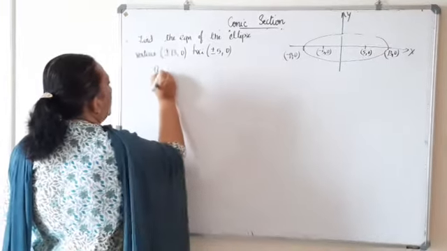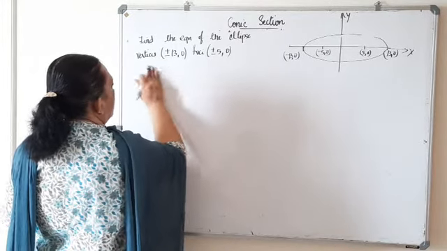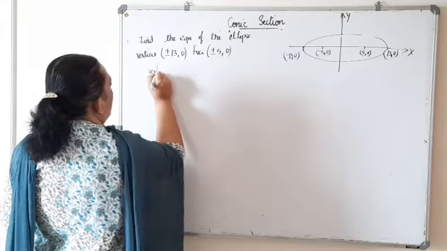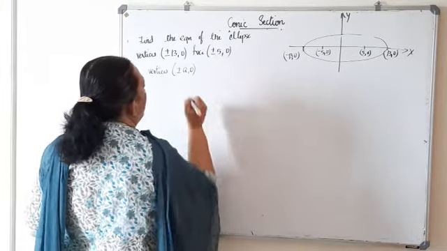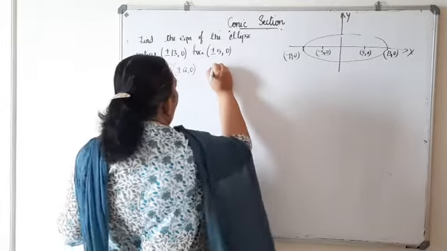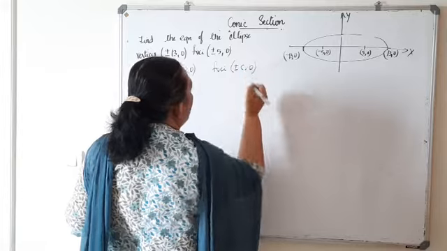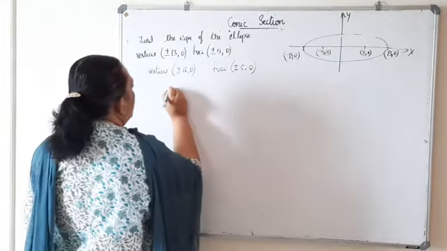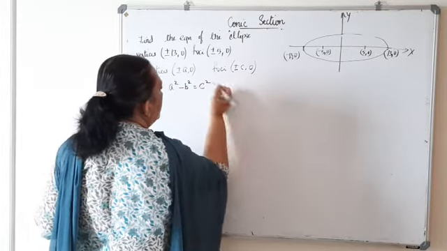Vertices: a is equal to 13. Vertices plus or minus a, 0. Foci plus or minus c, 0. And you know that a squared minus b squared is equal to c squared.